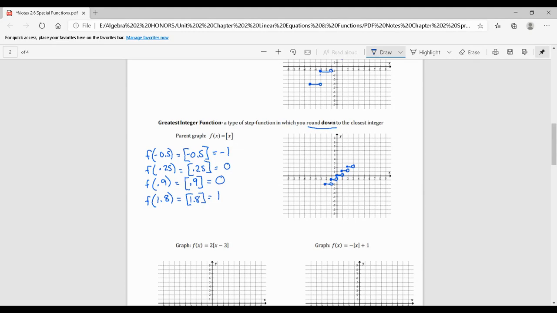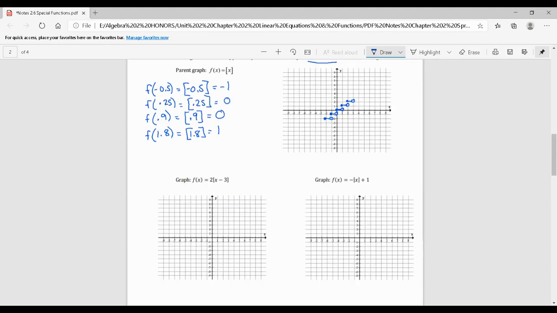So let's look at one of these together with transformations. So here's my greatest integer function. What are my transformations? We have a vertical stretch of 2, and -3 on the inside means to move to the right 3. So I'm going to take that parent function, which usually starts at the origin, but I'm going to move it to the right 3.